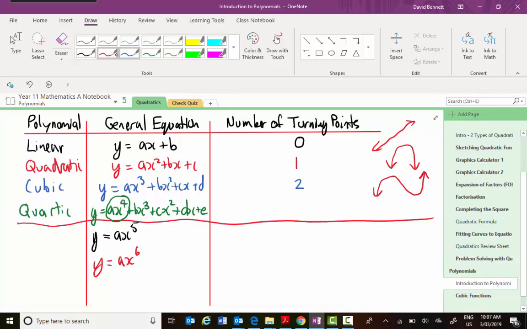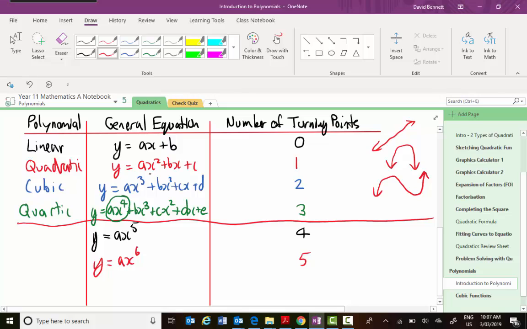I didn't do the number of turning points here for this one, so it's going to be 3. And guess what? This next one's going to have 4, and this next one's going to have 5. The number of turning points is always 1 less than the leading power.